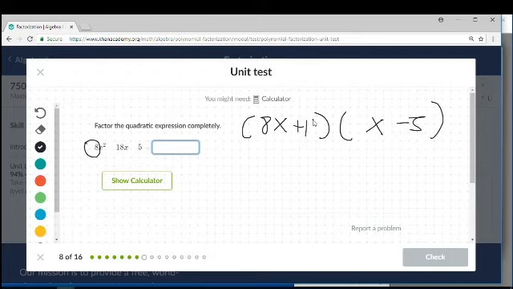Let's try this. We're always going to choose options that give us 8x squared on the left-hand side and negative 5 on the right-hand side, and we're really solving for the middle term. Let's do 8x times negative 5. That's going to be negative 40x plus x. That's going to be incorrect.